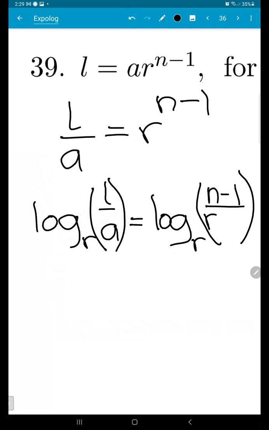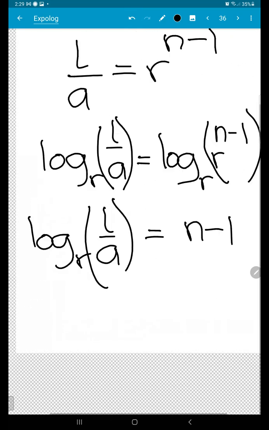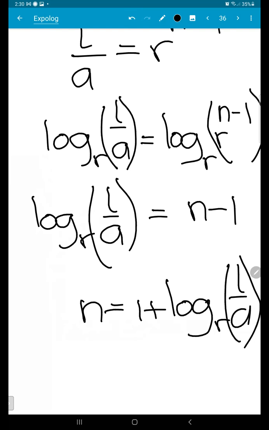The right-hand side is just n minus 1. Then we transpose 1. There we have it. Okay, almost similar. So write this one out before we have the last exercise.